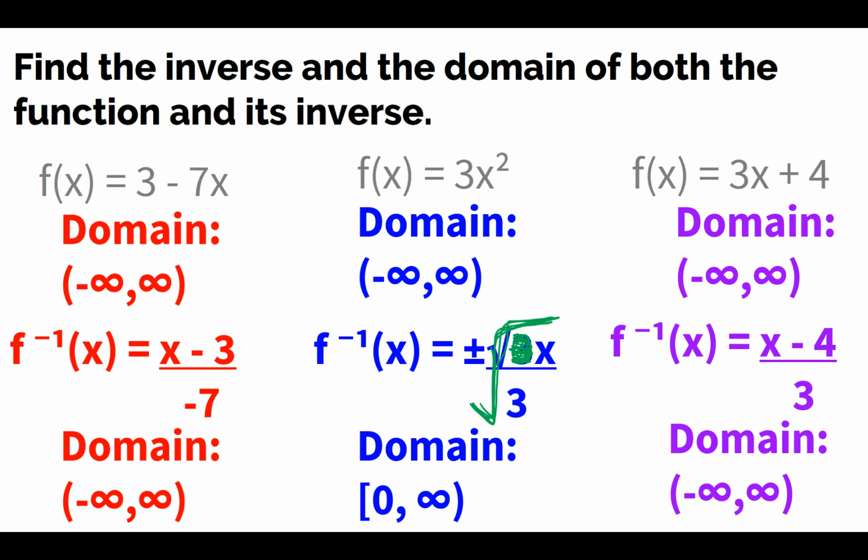Check your domains, check your function. Langston, it was a line, which is nice, because we know our domain is the same for its inverse. We still like it? Still not too bad?